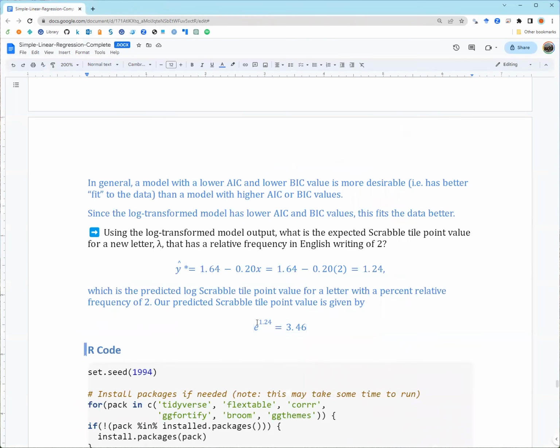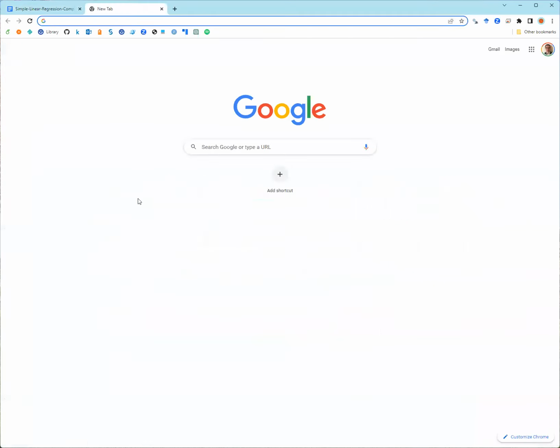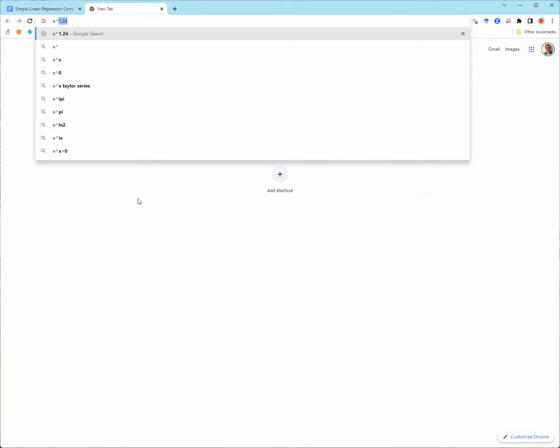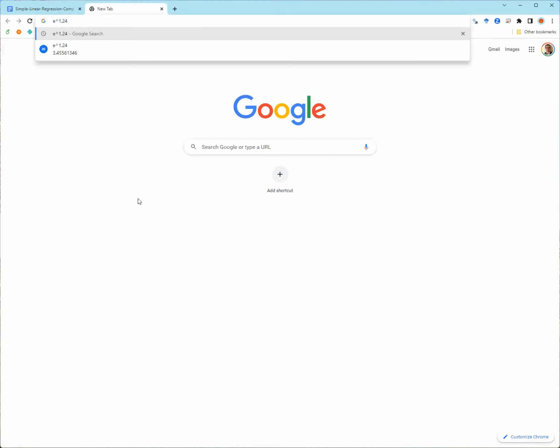So that E you can use to undo the natural log function, which is what we used here. It allows us to get our predicted value. And like how I got it, e to 1.24, you can type E and then the little caret symbol, which is Shift 6 on your keyboard, to get e to the 1.24.